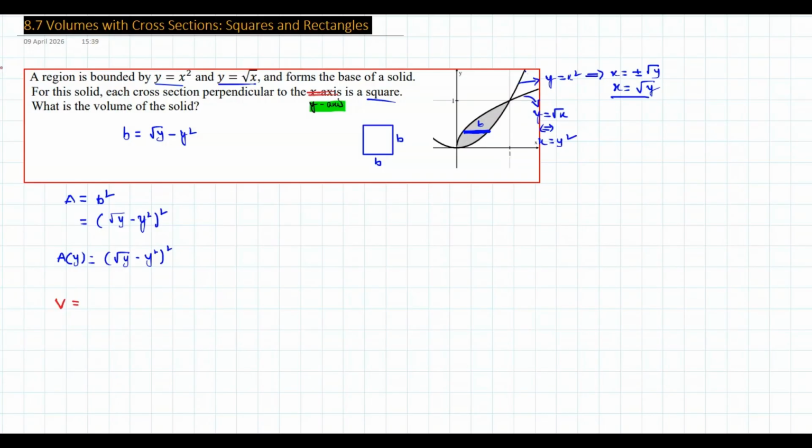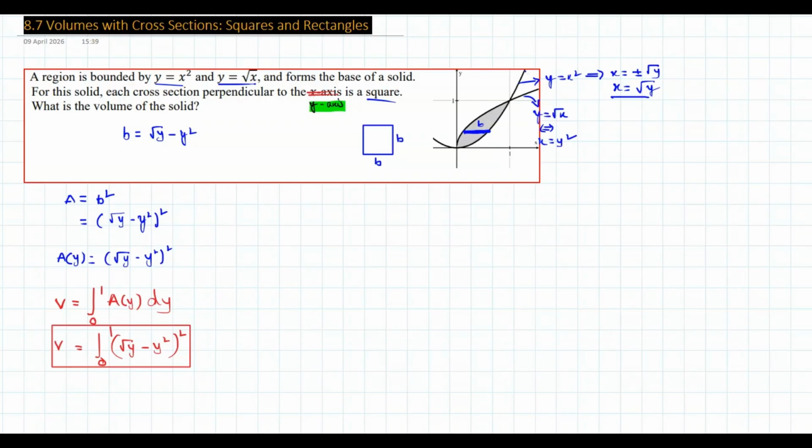So the volume is the integral from 0 to 1 of the cross sectional area A of y dy, right? This equals the integral from 0 to 1 of (square root y minus y squared) whole squared. This integral gives us the volume of this solid, right?